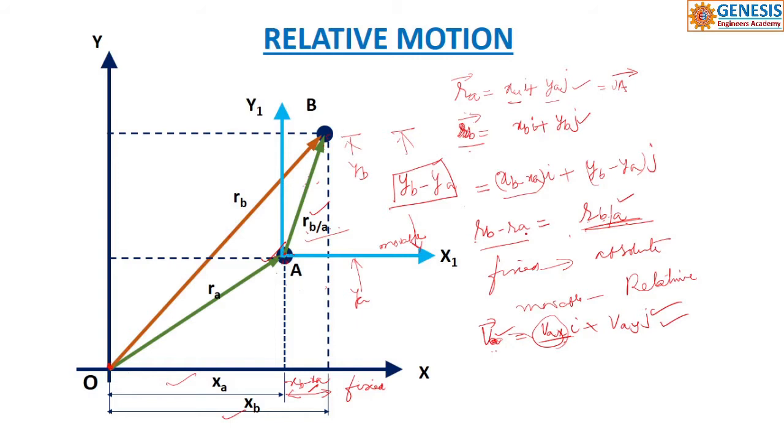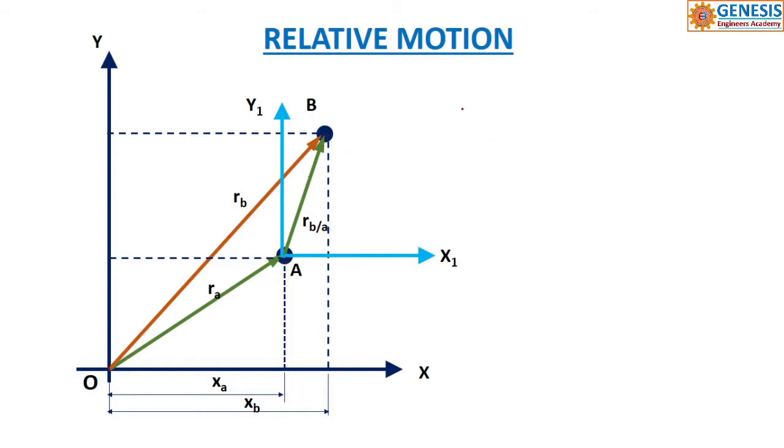Like that you can also write the velocity. So the velocity of B with respect to A is equal to VB minus VA. Just now we have discussed. So what about A with respect to B? This is VA minus VB.